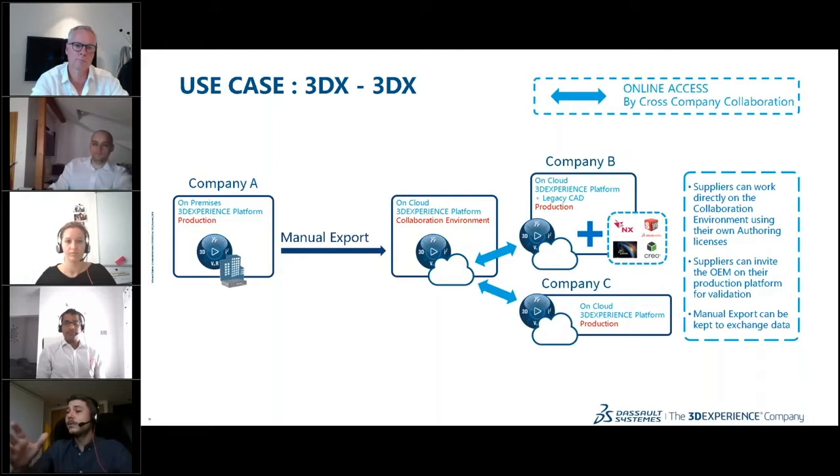So we are proposing to have collaboration environments in the middle, where all the suppliers and the OEM will be able to access. Each company, for instance company B here, will invite the OEM for process review, share milestones, and so on. In the second scenario, company C is invited to work in a safe environment on the collaboration environment of their OEM.